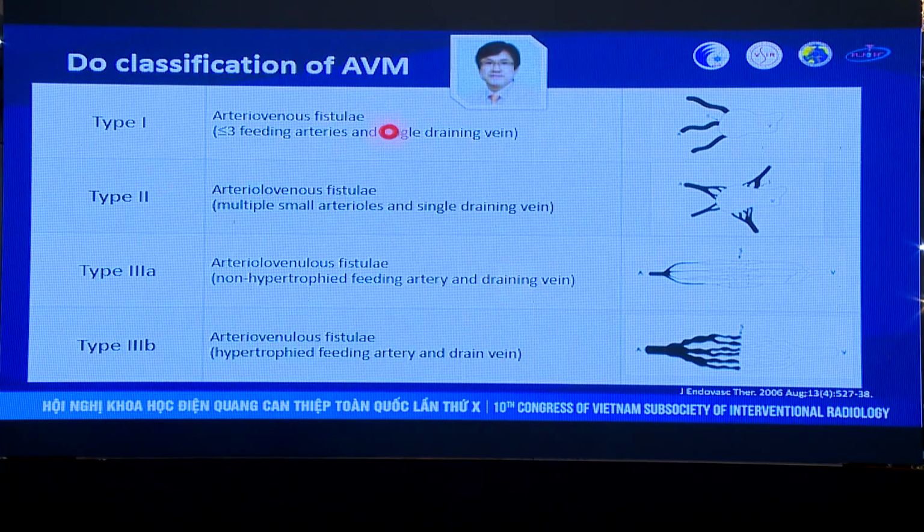This is Professor Do's angiographic classification of AVM. He announced this angiographic classification around 2006. This is quite similar to the Houdart brain AVM classification.